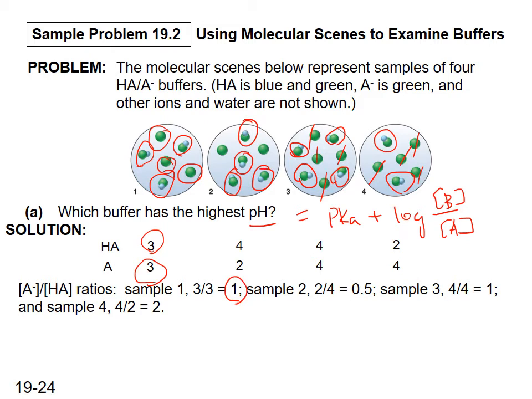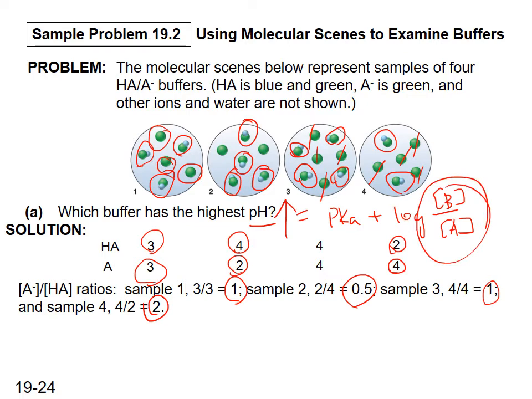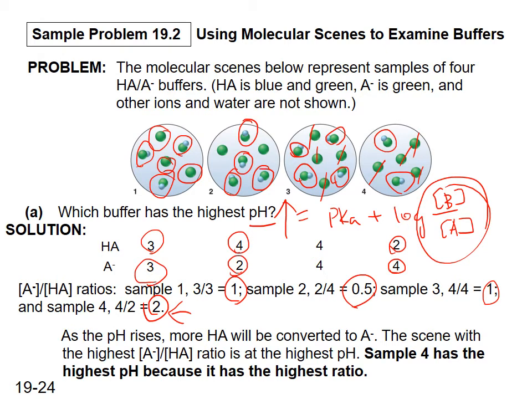For the second one, 2 divided by 4 is 0.5. Third one is 1. Last one, 4 divided by 2 is 2. So the highest pH is the highest base divided by acid ratio, and that's number 4. So the answer is sample 4 has the highest pH value.